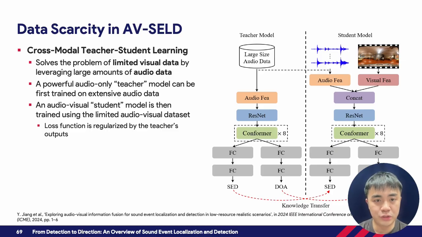Then, an audio-visual student is trained on the smaller target audio-visual dataset. So the key here is that the student's loss function is regularized by the teacher's outputs, which effectively transfers the robust knowledge from the well-trained audio model to the multimodal student, significantly boosting its performance on the target task.